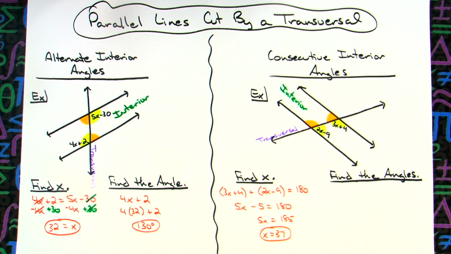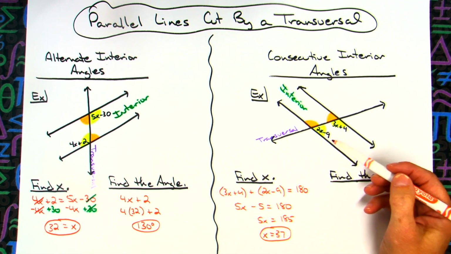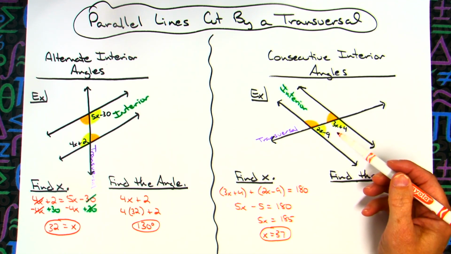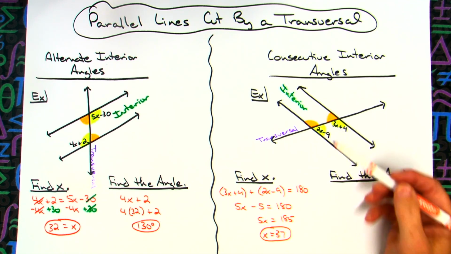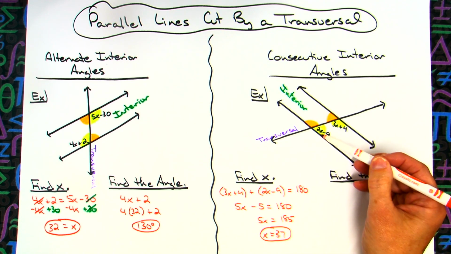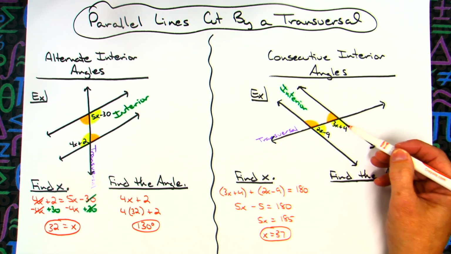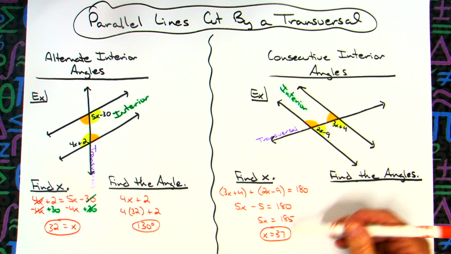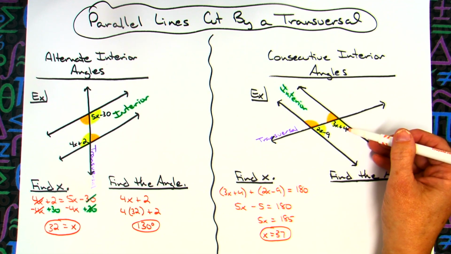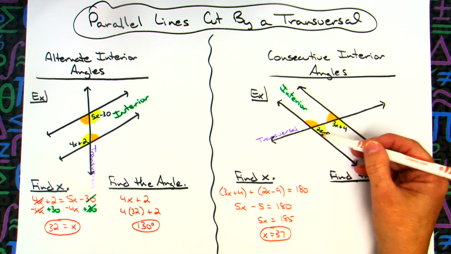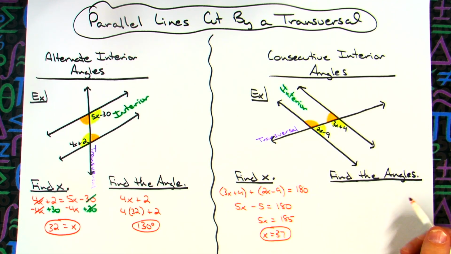Now in this one, I'm not really going to be able to just plug that into one of them because they're not equal, they are supplementary. So I'm going to take that 37 and plug it into the 2x minus 9 for that angle. And then to find this other angle, you would have a couple of choices. You could take that 37 and plug it in there, or once you find one of them, since you know they're supplementary, you could subtract from 180.